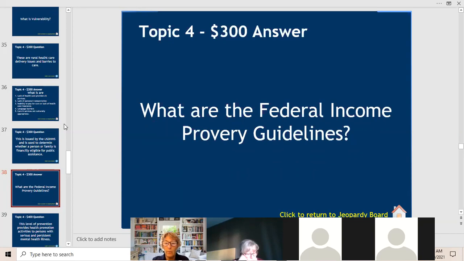Well, it's the federal income poverty guidelines. And every county even gives more money to this county's people than that county's people. This county gives more services than that county. It really depends on how many people are on services in that county.